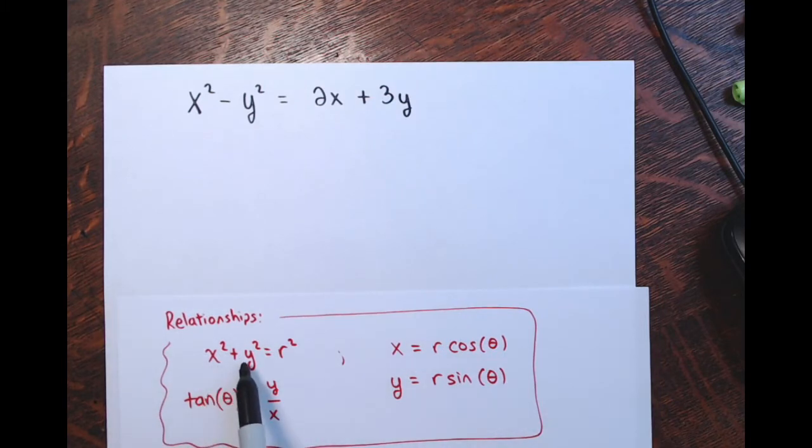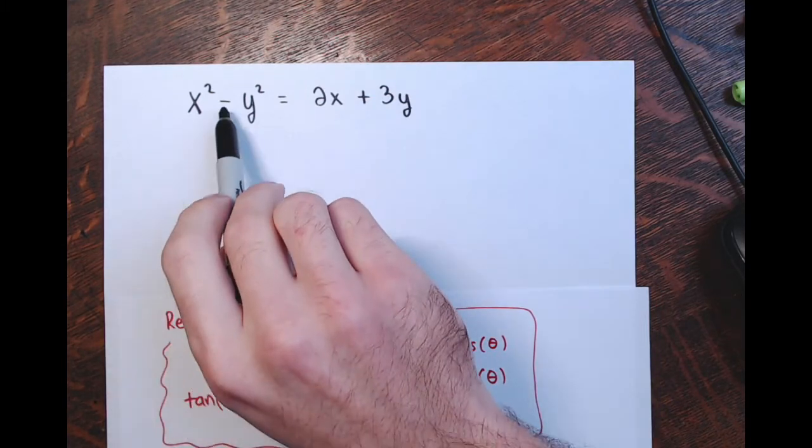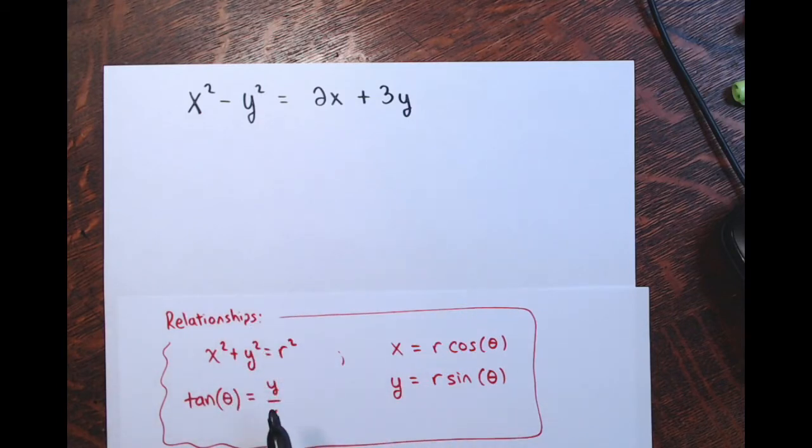I'm seeing minus y squared there, so I can't use x squared plus y squared right now, which is equal to r squared. x equals r cosine theta, y equals r sine theta, and the tangent of theta is y divided by x. Let's keep these in mind and try to use them.